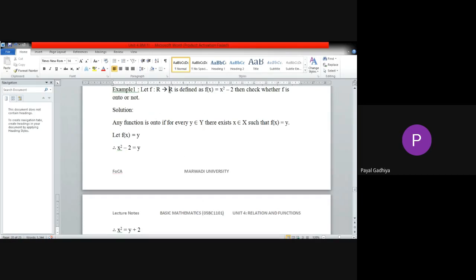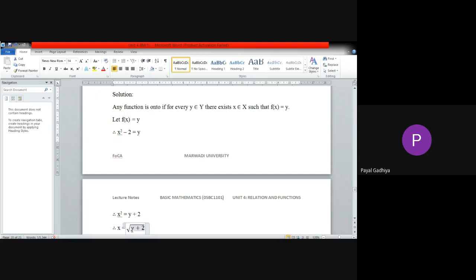So I can check. If I put minus 3 over here, then what will be the answer? Under root minus 1, which is not a real number. For your information, the square root of a negative number is not a real number.